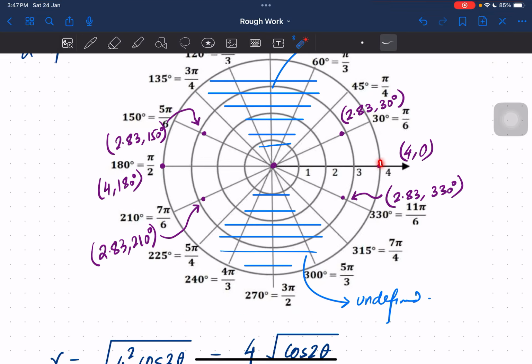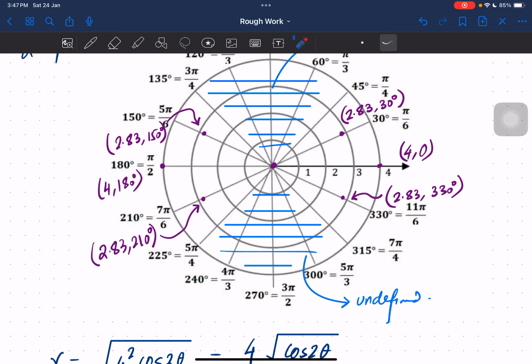It starts from here, goes to this point, goes to 0, then here you have 210, this goes back to 0, then again it comes back here. And this is a complete thing.